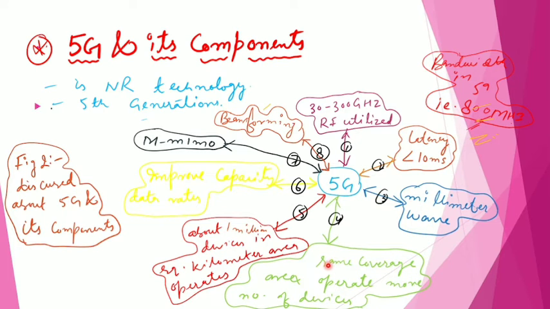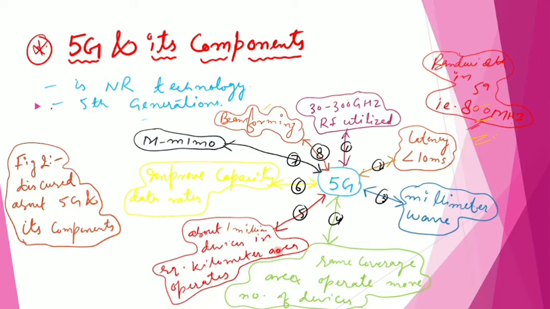Next one is, in the same coverage area it operates more devices as compared to 4G. As we have already discussed, in 4G there are 4000 devices operated in a square kilometer area, but in 5G it operates about 1 billion devices in a square kilometer area.